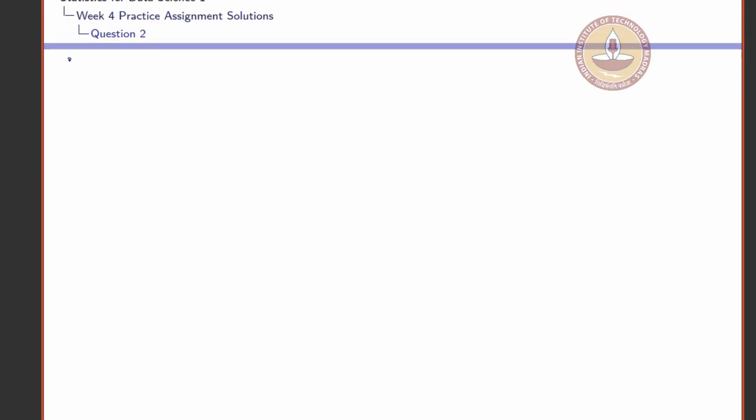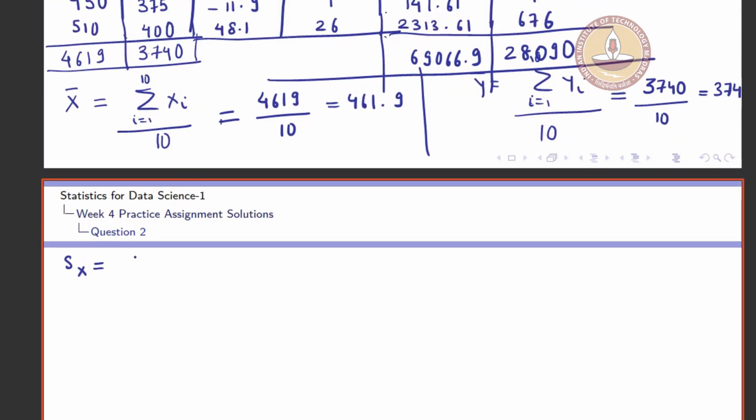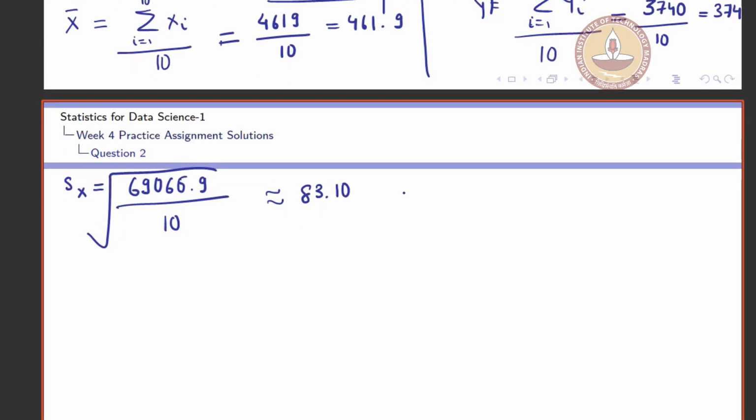So S of x is equal to under root of 69066.9 divided by 10, that is approximately equal to 83.10, and S of y will be equal to under root of 28090 divided by 10, that is 53.